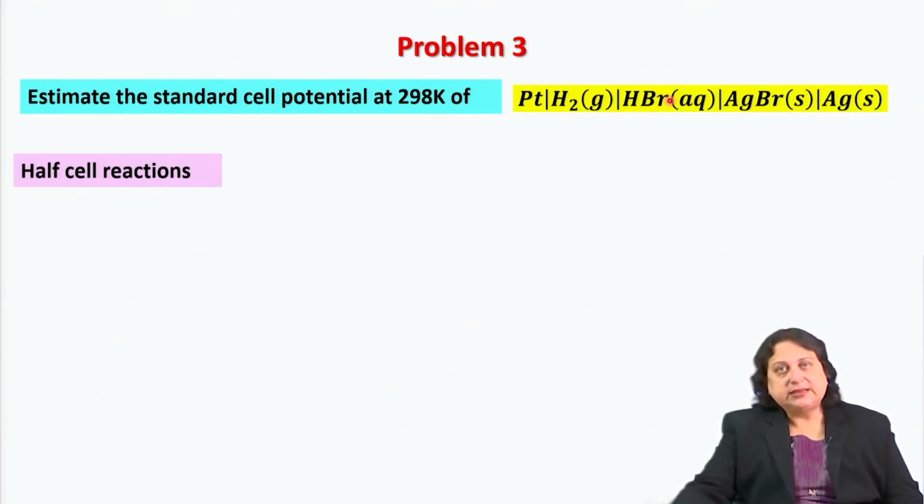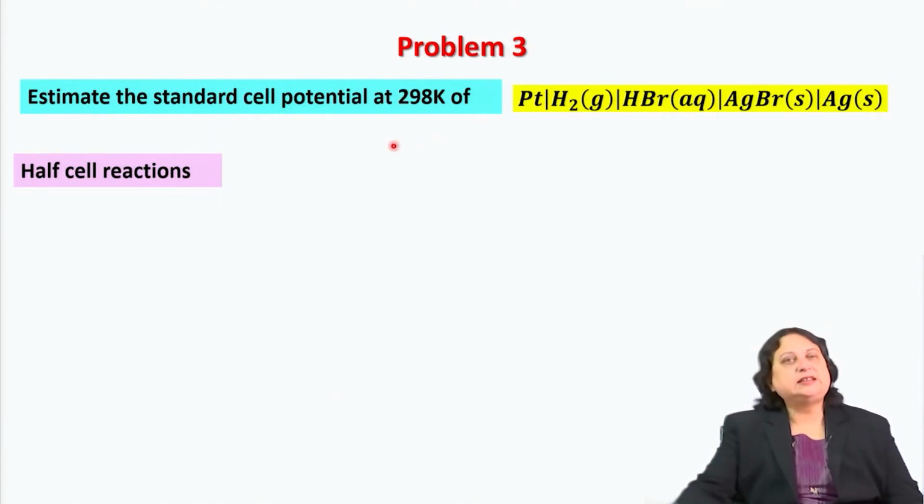In that same solution, I have a silver wire dipped, over which there is a solid silver bromide layer. The silver wire and the platinum wire are then connected to the external circuit, and we are going to look at the standard cell potential of this cell at 298 Kelvin.